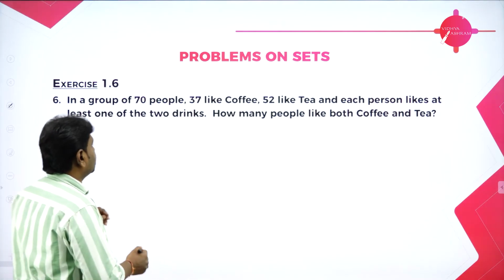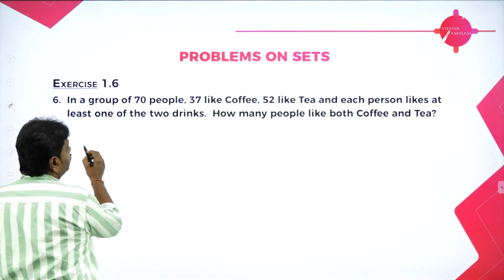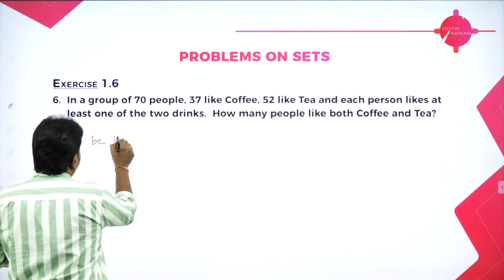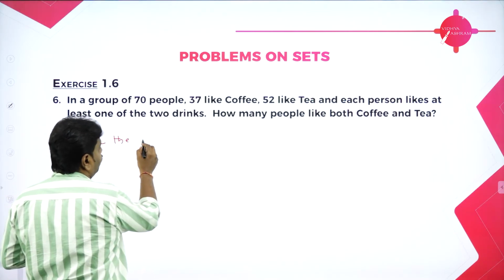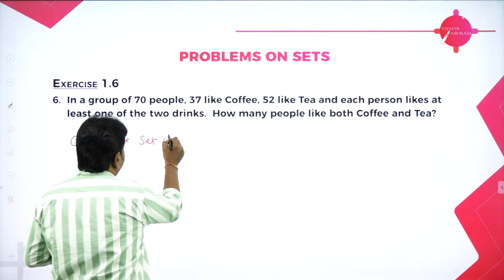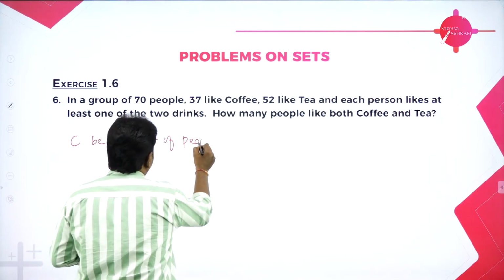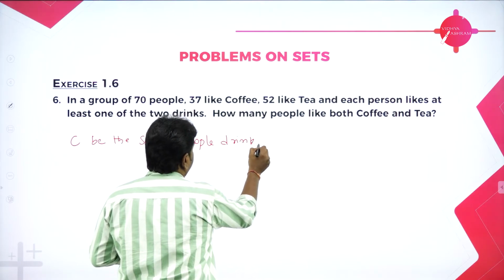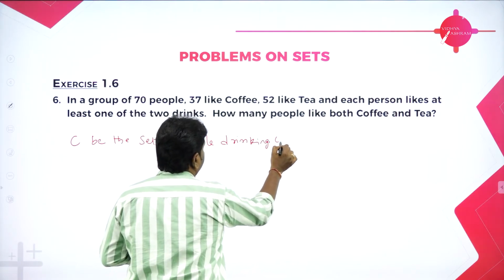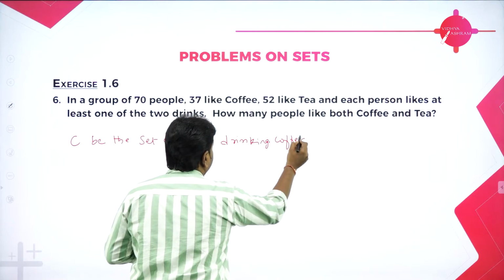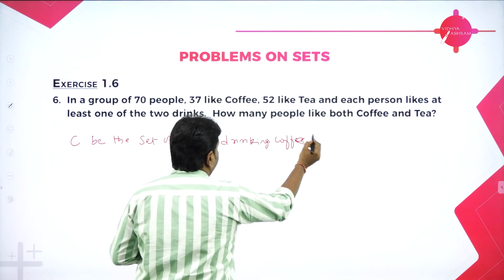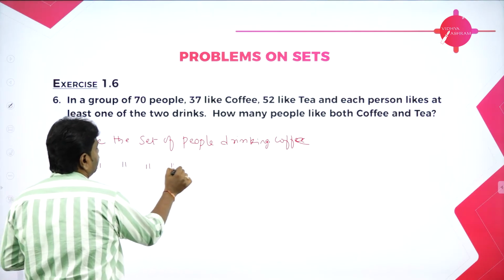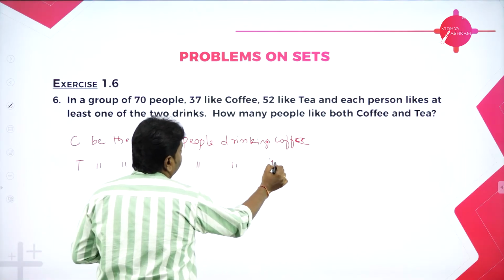Cardinal number relation method. First we'll symbolize: C be the set of people who drink coffee, and one more, T be the set of people who drink tea.